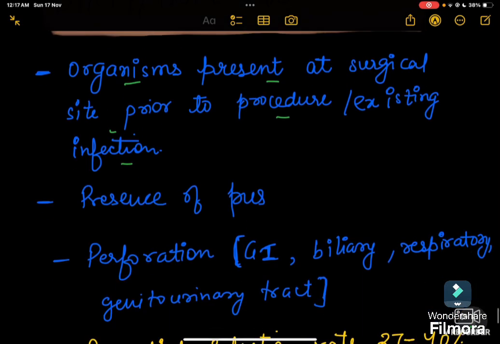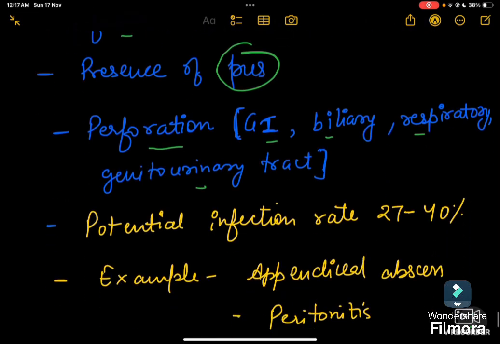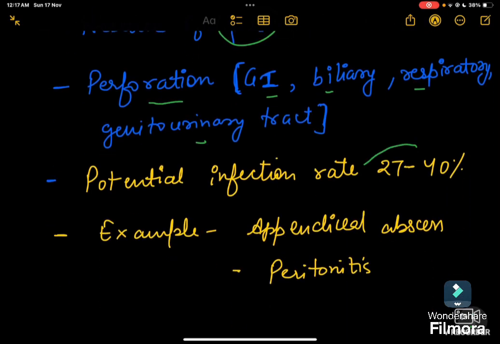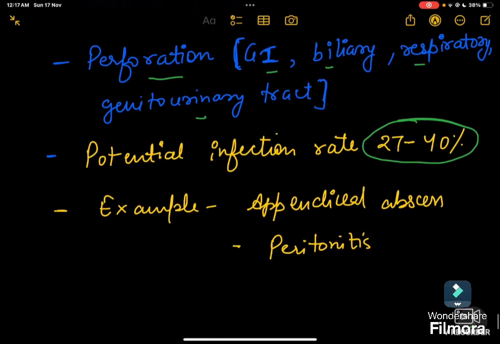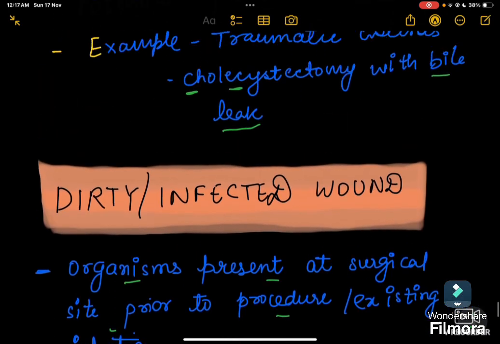So this will cause pus formation. Okay. Perforation might occur. GI, biliary and genitourinary tracts that we have studied, perforation might be seen. Infection rate is more. Examples: appendiceal abscess or peritonitis. These are dirty or infected wounds.